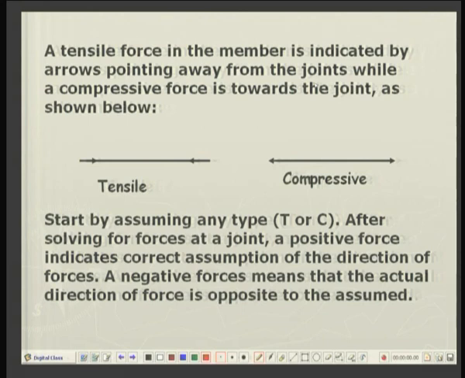For example, suppose there is a joint over here and a joint over here. If the force is such that it is pulling this joint in this direction, then by equal and opposite reaction, it means the member is pulling, and the force in the member will be in this direction.